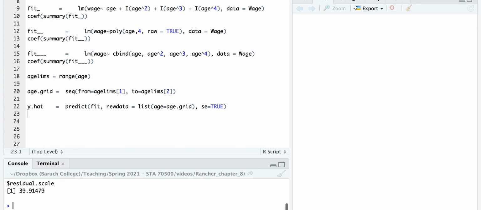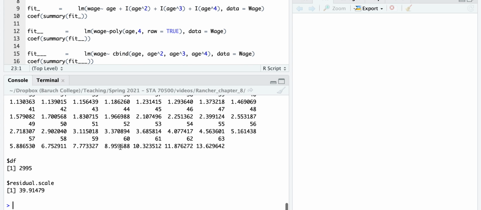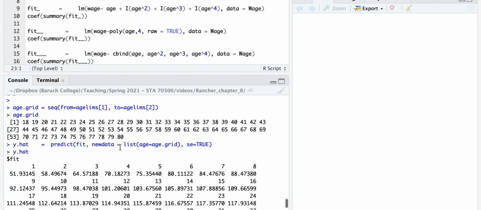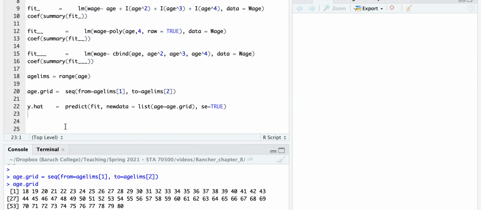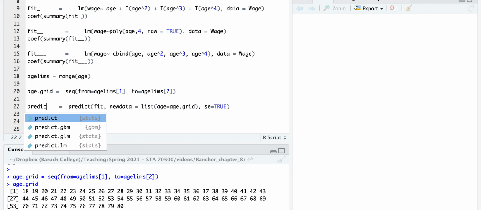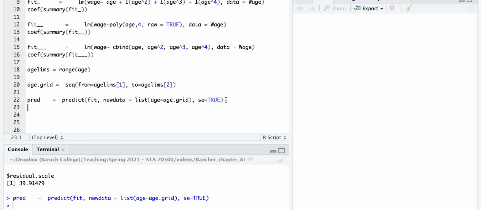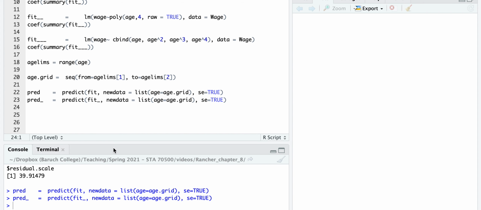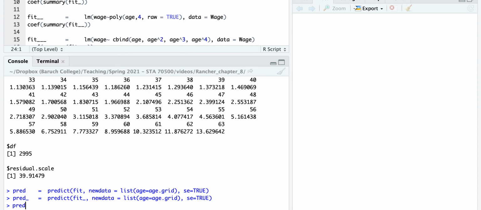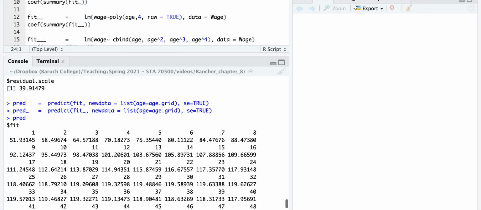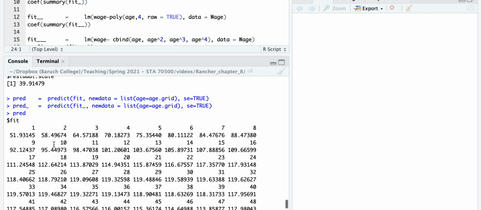So y hat, I see. Let's just call this pred. Okay. Now we could do the same thing, just so you see that, and then we can get the same thing. So we have pred 51.93, 58.49.